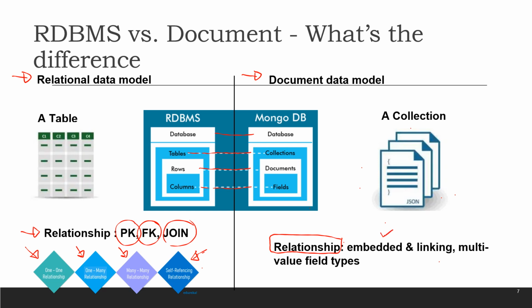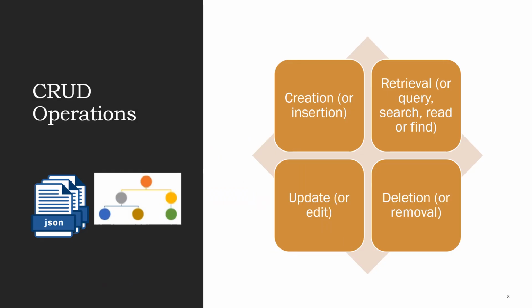We will use mechanisms that we will learn later, that is embedding and linking, as well as multi-value field types, in order to store the relations among the collections. Most document stores support CRUD operations. That means they support creation, retrieval, update, and deletion.